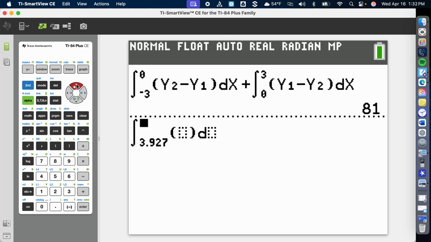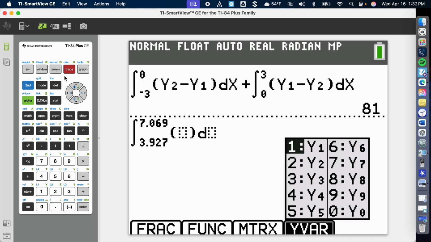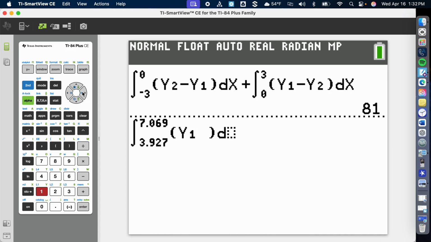And then the top value would be 9 pi fourths. So the top value is going to be 7.069. And I need y1 minus y2. I see your hand up, but I'm going to do this. That's fine. Write that down. Okay, good, because I'll forget the steps.